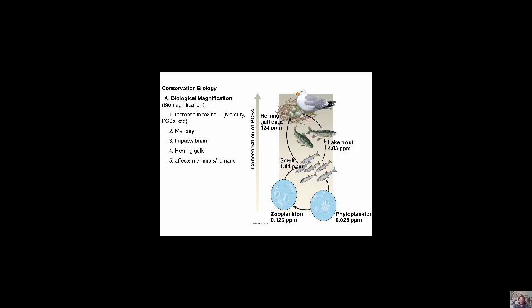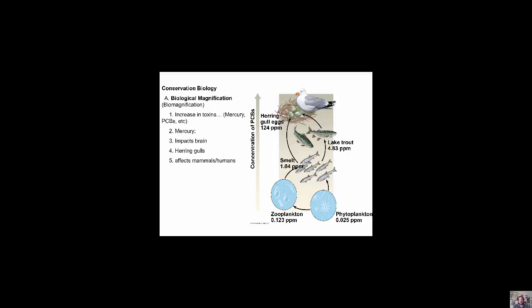So there's a lot of problems with the biomagnification of mercury in the food chain, not the least of which is the fact that it affects mammals and humans. In the example here, we have herring gulls having 5,000 times as much PCBs in their eggs as phytoplankton, right?